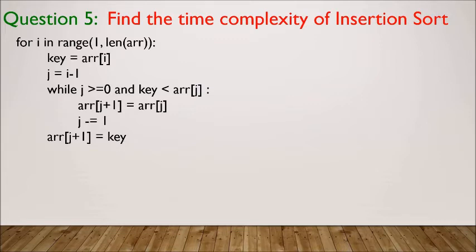Similarly, the second element, the second highest element, we have to take to the second last position. So how many comparisons will be made? n minus 2. And how many swaps will be made? n minus 2.